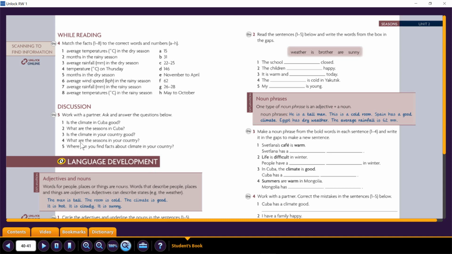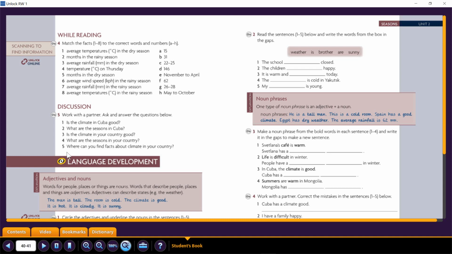What do you think? Is the climate in your country good? Is the climate in Saudi Arabia good? Yes or no? What are the seasons in your country? Here we are talking about Saudi Arabia. What are the seasons in Saudi Arabia? Do we have autumn? Do we have spring? What do you think? Ask yourself.